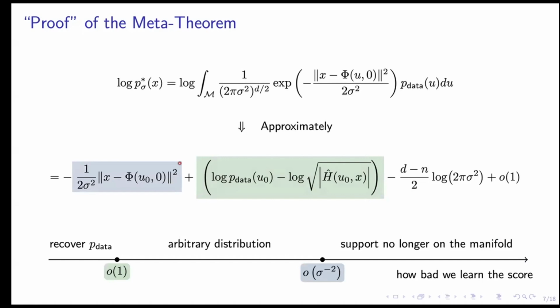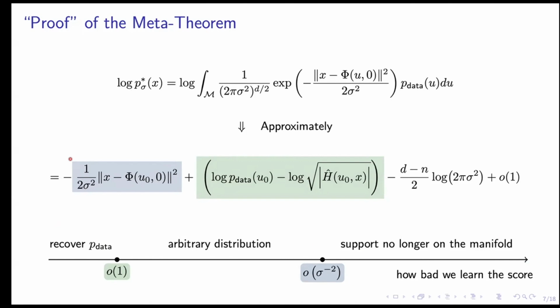Here's a nice plot that shows the rate separation. The x-axis is how badly we know the score function. If the score is very well known, with error small o(1), then we can recover P data, because the two leading terms are cleanly recovered. If we only know the score function roughly, that is, error small o of sigma to the minus 2, then we only recover the leading geometry term.